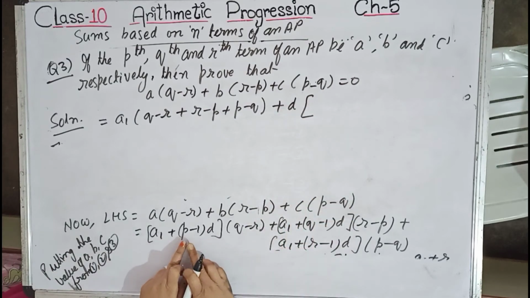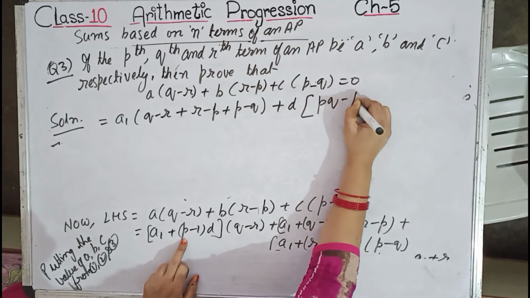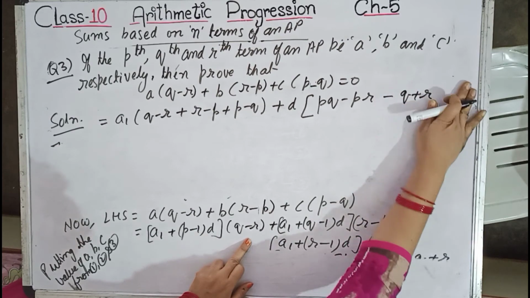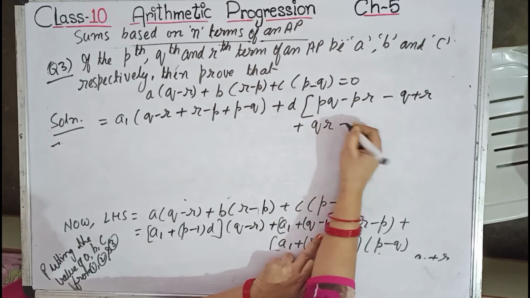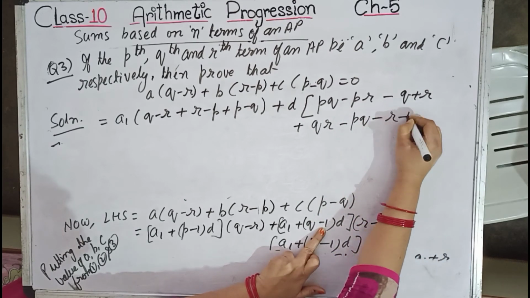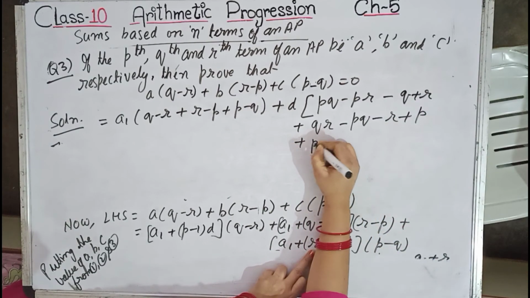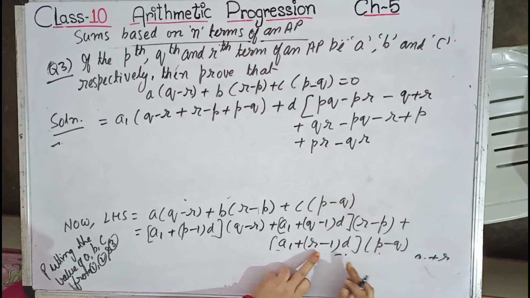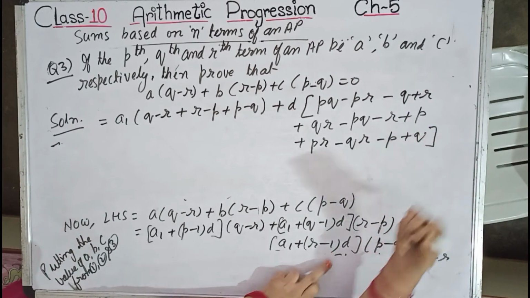Now just see, d term p minus 1 into q minus r, so it will be pq minus pr minus q plus r. Now over here plus qr minus pq minus r plus p, and over here plus pr minus qr minus p plus q, and now the bracket is closed.